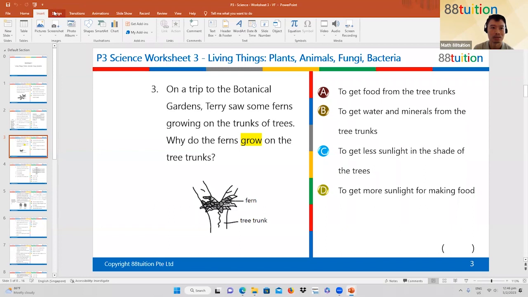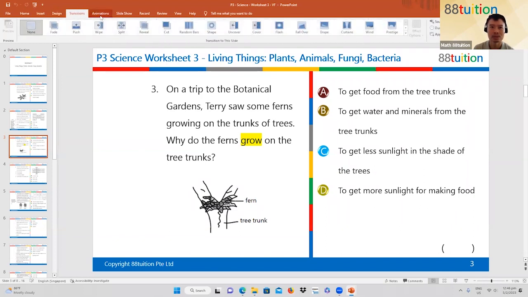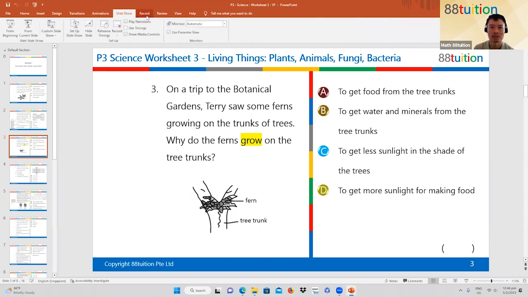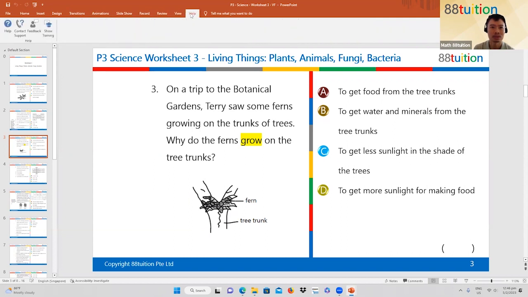Wait. Design, no. Transitions, no. Animations, no. Slideshow, no. Record, review, no. View, even worse. Wait, tell me what you want to do. I want to write. Where's my pen? Okay, it's here.